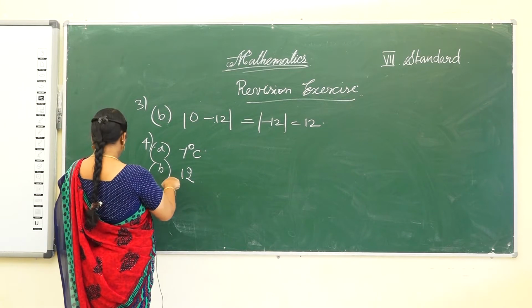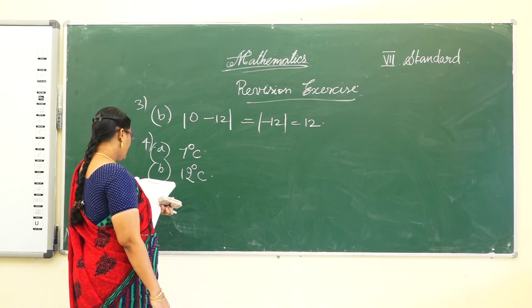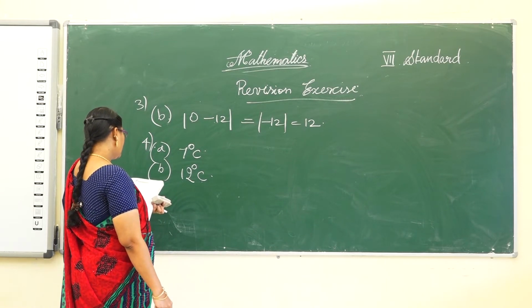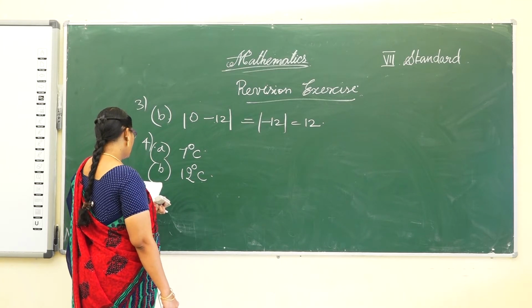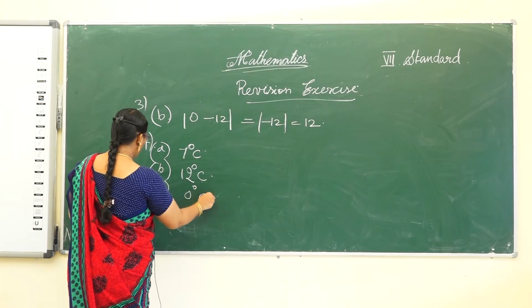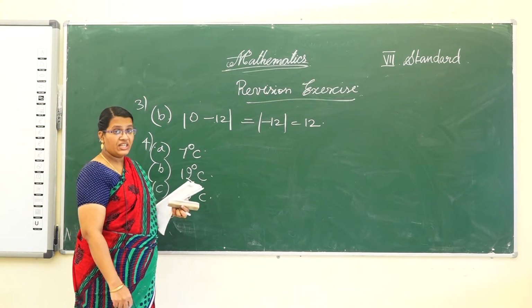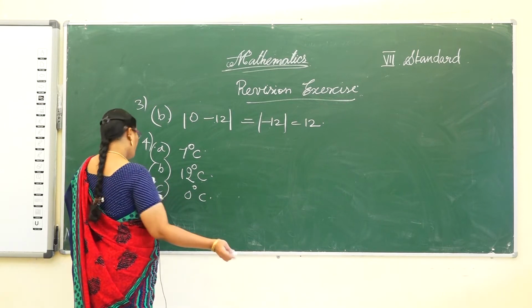So here the higher value is 12 degrees Celsius. And then C, 0 degrees Celsius or minus 30 degrees Celsius. Which is greatest? 0 degrees Celsius. Comparing 0 and a negative number, 0 is the greatest value. Okay. And D is homework for you.